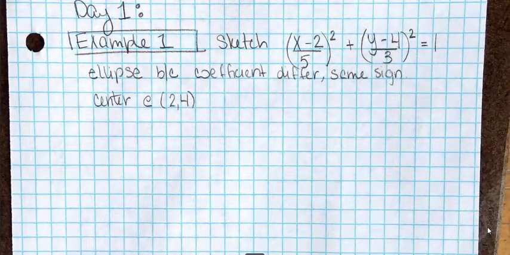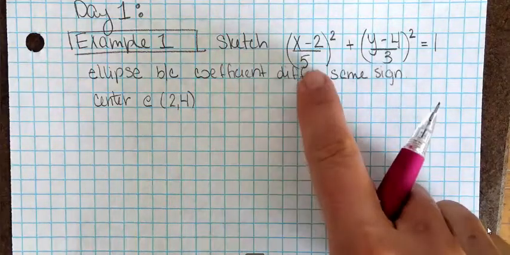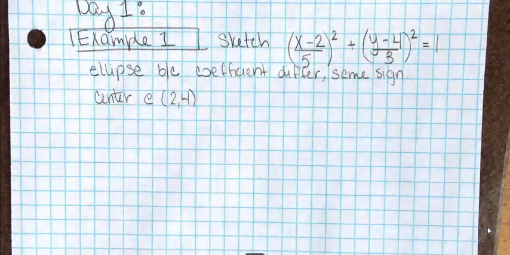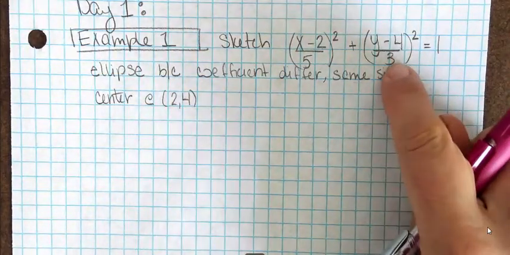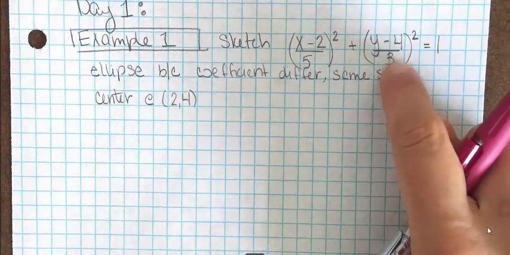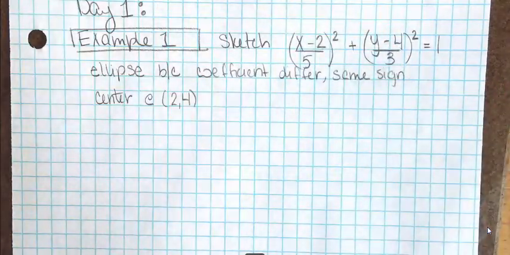And then the last thing I'm going to do is figure out my dilations. So it looks to me like I have a horizontal dilation of 5 because that goes with the x term. And I'm also going to have a vertical dilation of 3 because that goes with the y term.